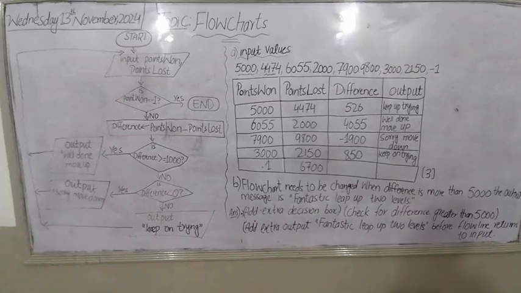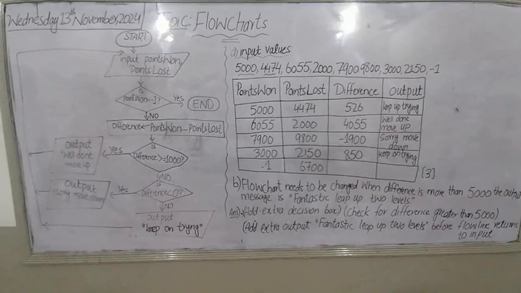Here we have a variable called difference, and what we have to do with that variable is subtract the two previous variables, points 1 minus points lost, and store the resultant value in the variable called difference. Okay.